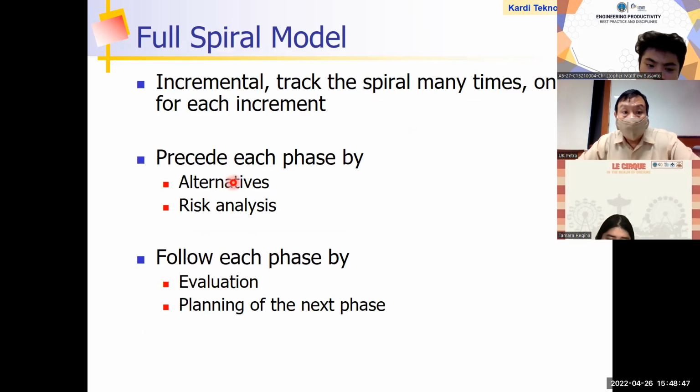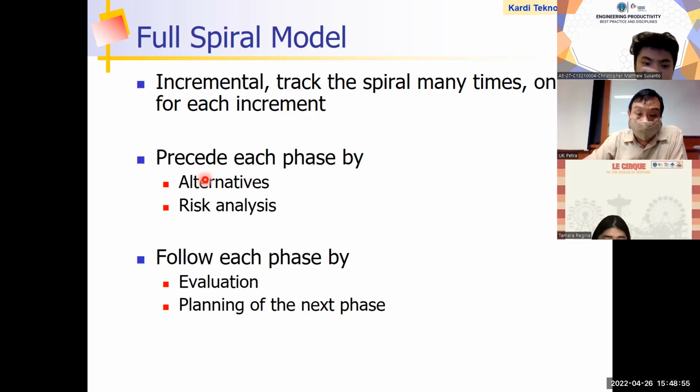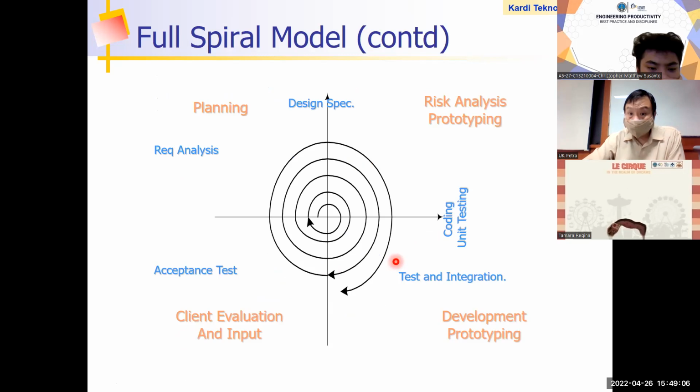So the full spiral model is actually incremental. It precedes each phase by alternatives and risk analysis, and then follows each phase by evaluation and planning. Something like this. So this is the full spiral model.